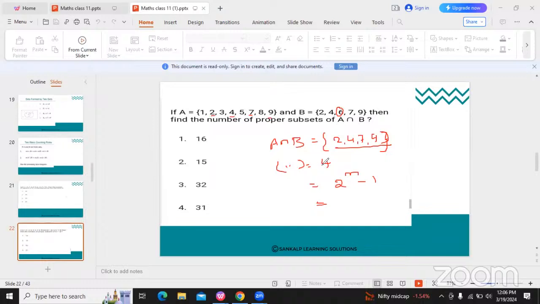So 2 raised to 4 minus 1. What is 2 raised to 4? It is 16 minus 1, that is nothing but 15. So option B, or option 2, is the correct answer. That is 15. Okay. Next one. Write it down fast.